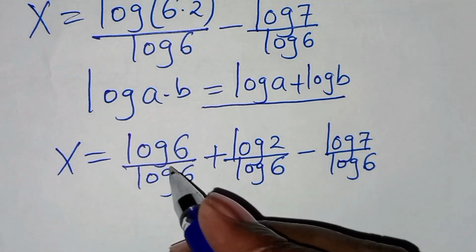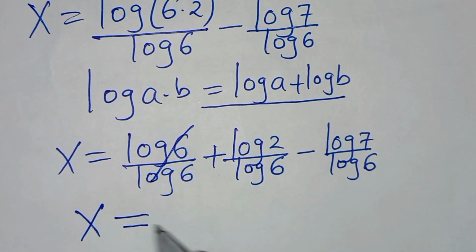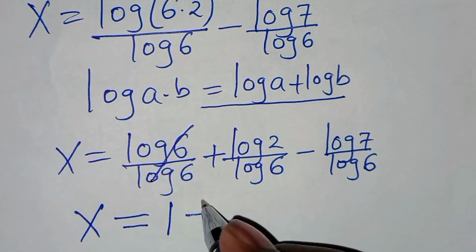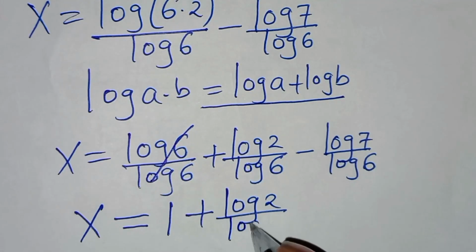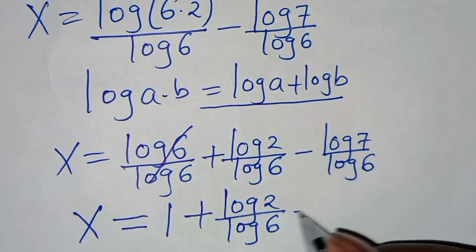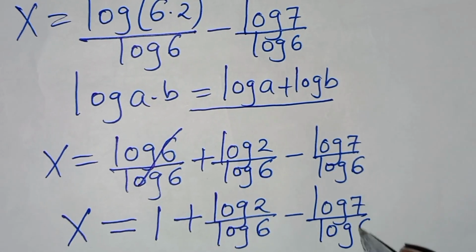Now, log 6 and log 6 simplifies, so we have that x is equal to 1 plus log 2 divided by log 6, subtract log 7 divided by log 6.